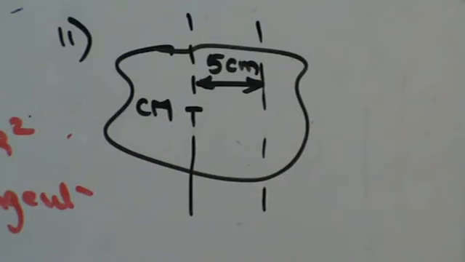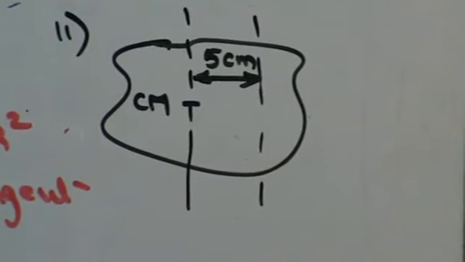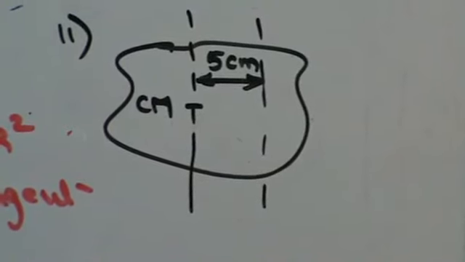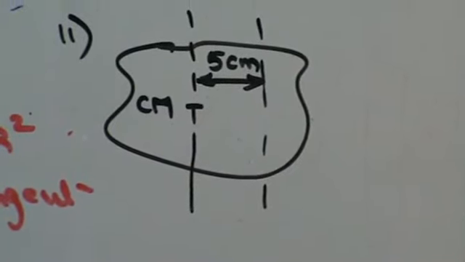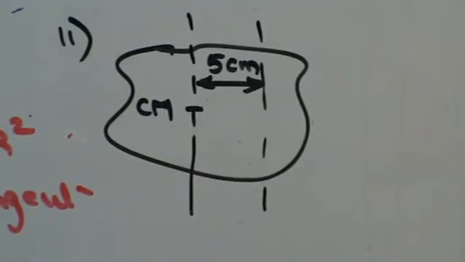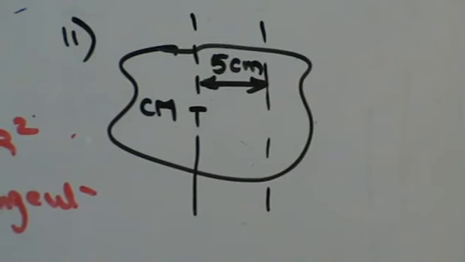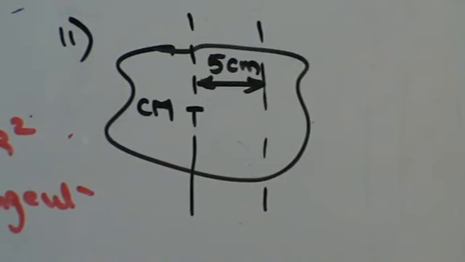Find the radius of gyration about a parallel axis passing through its center of mass.